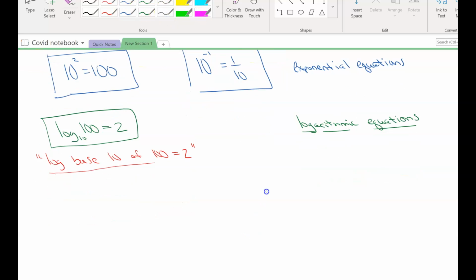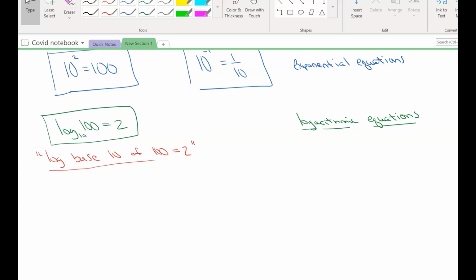The layman's user-friendly way to basically make sense of what this is saying is to think of it this way: the exponent that 10 is raised to in order to arrive at 100 equals 2.